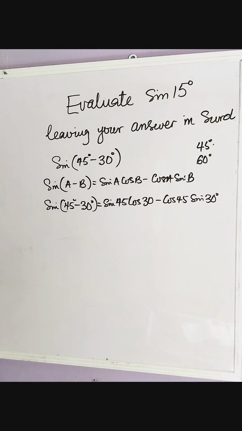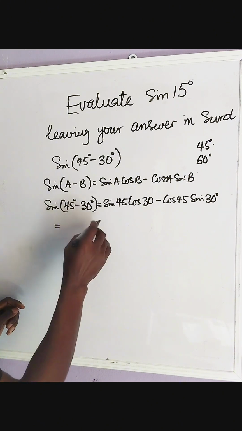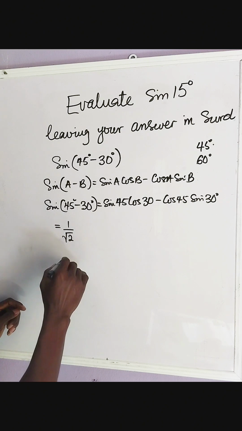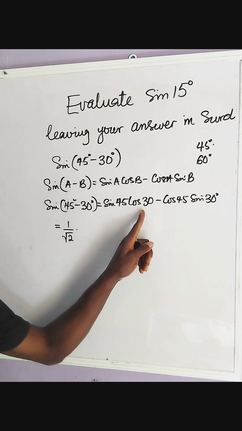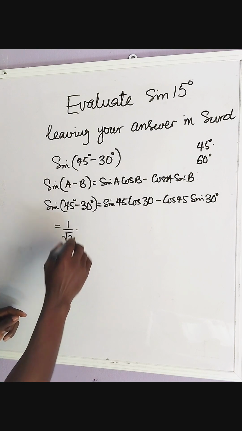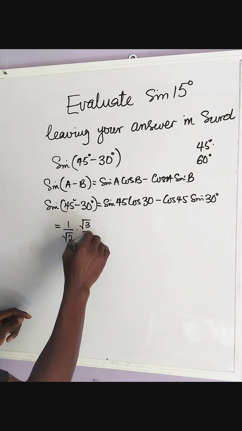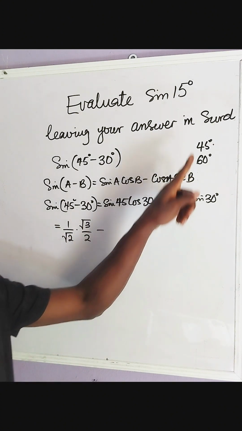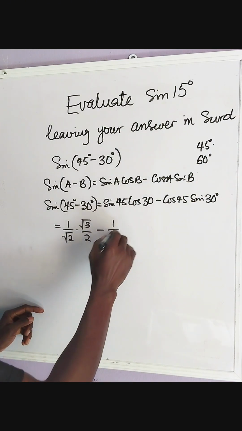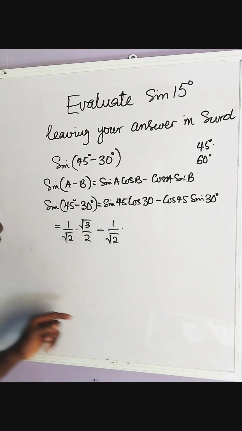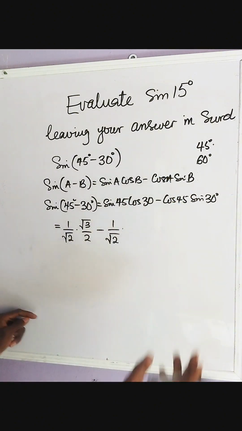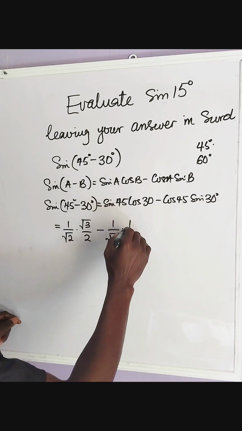Let us also take note that sine 45 here will now be 1 all over root 2, times cos 30 in terms of surd, we have root 3 all over 2. Then minus cos 45 in terms of surd is 1 all over root 2, then times sine 30, in terms of the special angle in trigonometry, we have 1 all over 2.